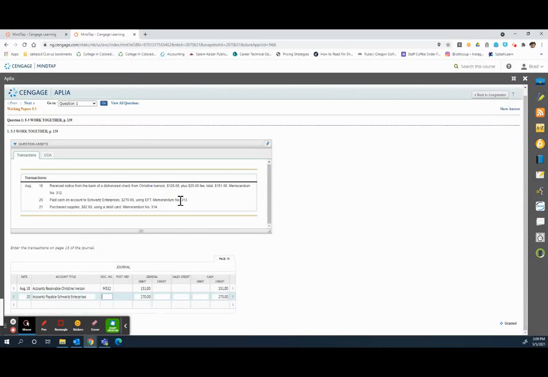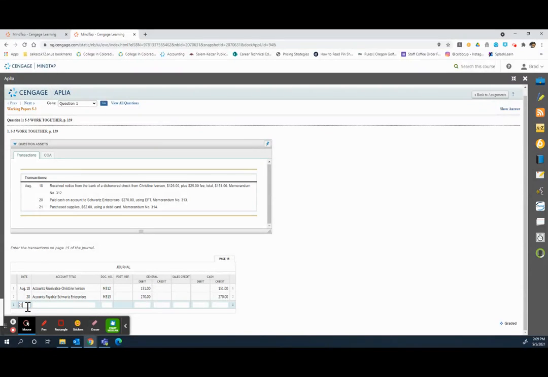And our source document is going to be Memorandum 313. When we've done this transaction before in the past, we've used a check, but now that we're using electronic funds transfer, or we're transferring something electronically from one financial institution to another, we're going to use a memorandum.